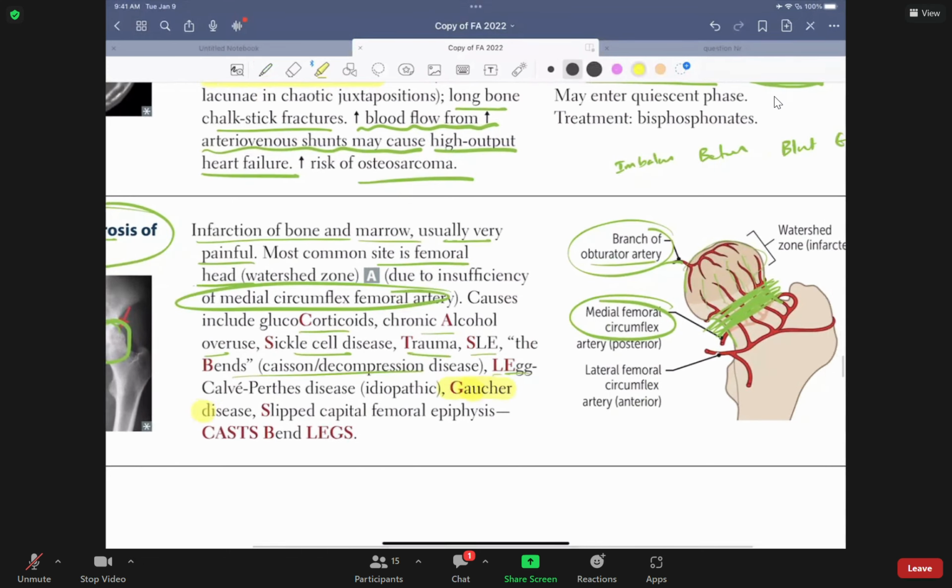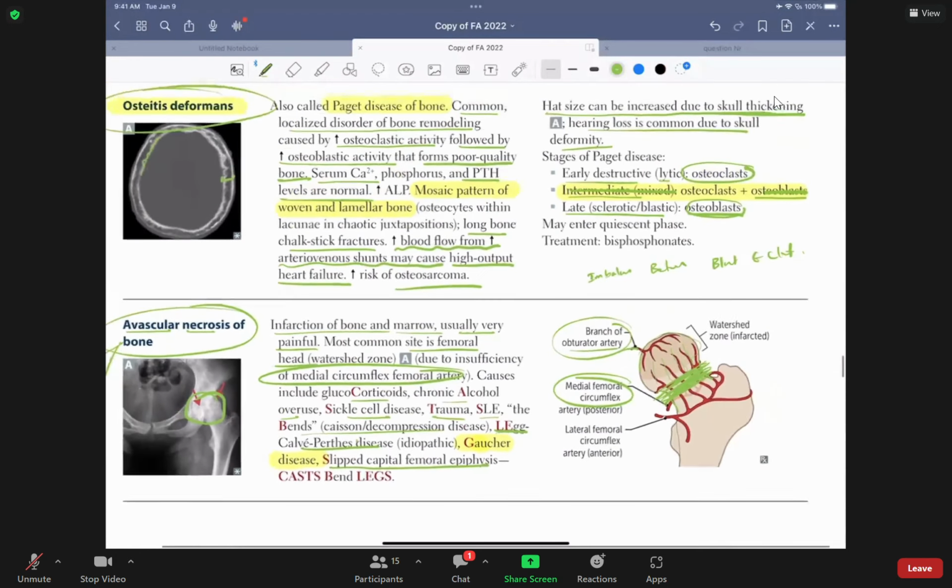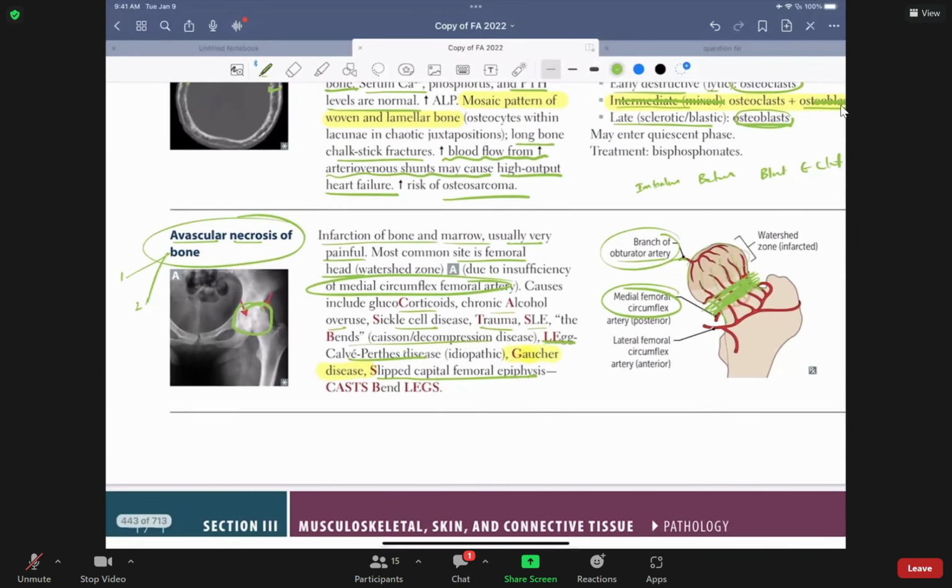Remember this disease: Gaucher's disease, the most common lysosomal storage disease. And we said the unique feature for Gaucher's is avascular necrosis, isn't it? There you go, folks. And we'll talk about Legg-Calvé-Perthes disease and slipped capital femoral epiphysis. Those are two diseases that happen in pediatrics. We'll talk about that. But that's avascular necrosis. Is that very clear, folks?